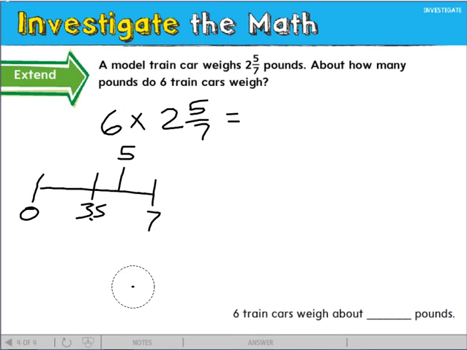Is 5 closer to 3.5 or 7? 3.5. So 5 is closer to 3.5 than 7. 5 is 1.5 spaces away from 3.5. It's 2 spaces away from 7. So you can make an argument that you should round this to 1/2.